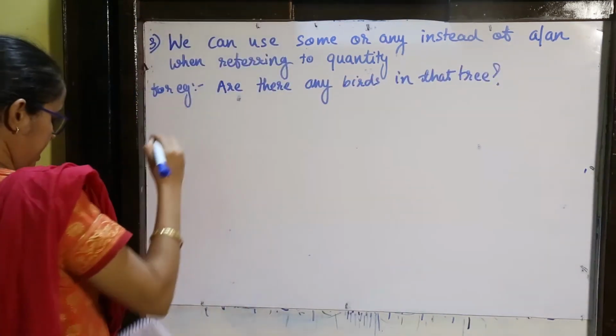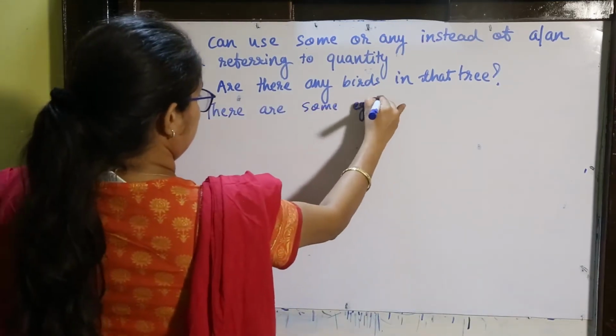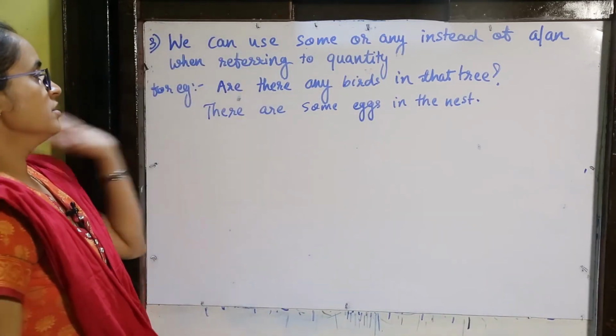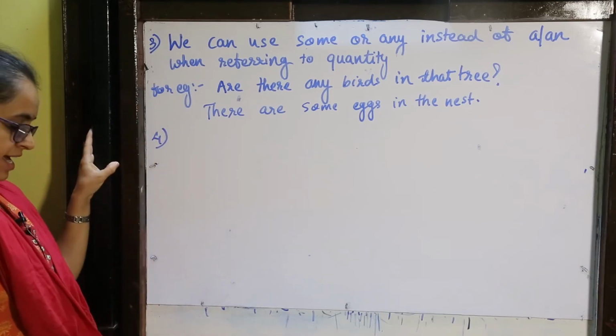Or you can say there are some eggs. Okay, so this is how you can write instead of A and N.